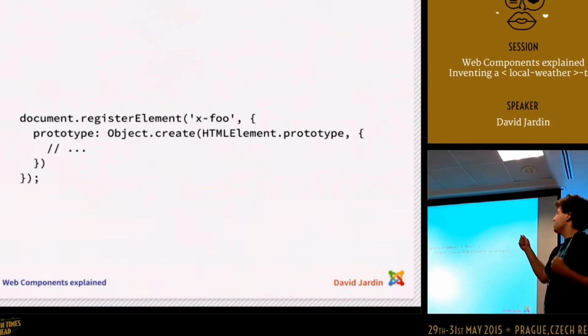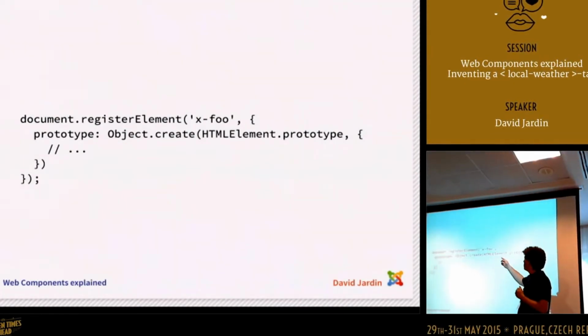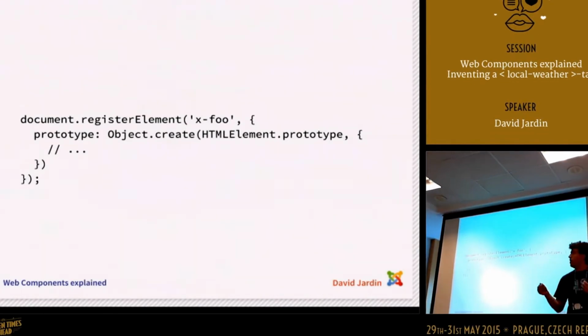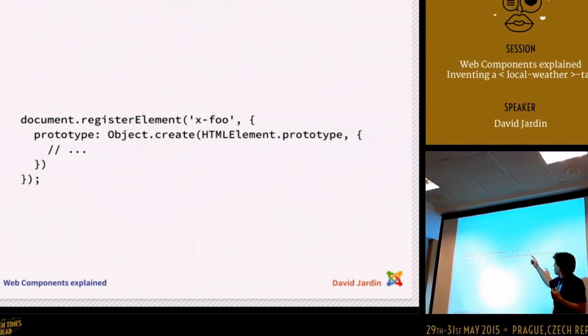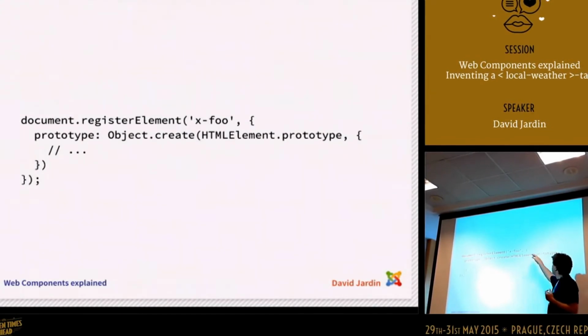And so you need some JavaScript to register this new tag. In this case, it's x-foo. And you tell it that x-foo should be an ancestor of the default HTML element.